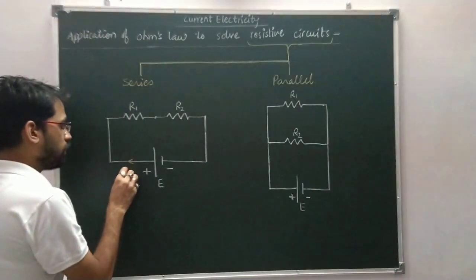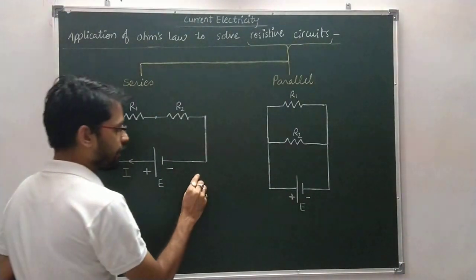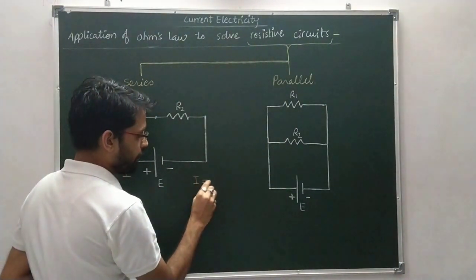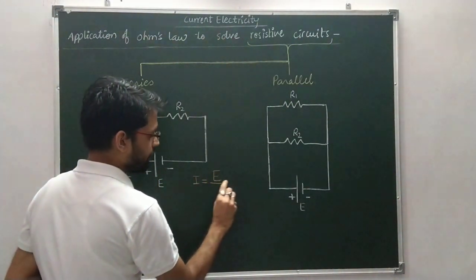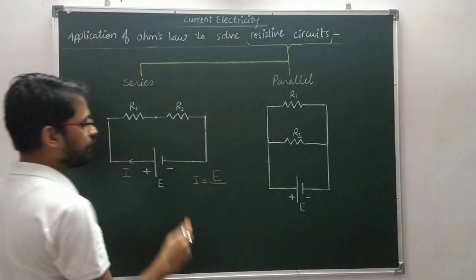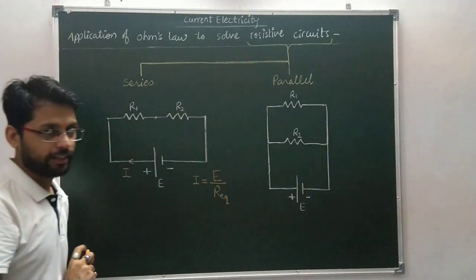Imagine the current is I, and this current I is given by I is equals to the EMF of the cell connected in the circuit divided by the equivalent resistance R EQ of the circuit.